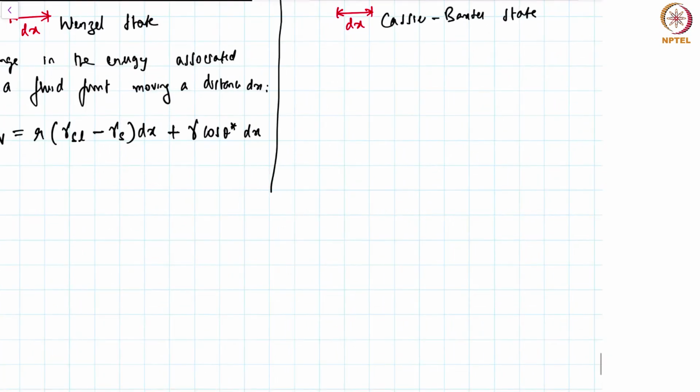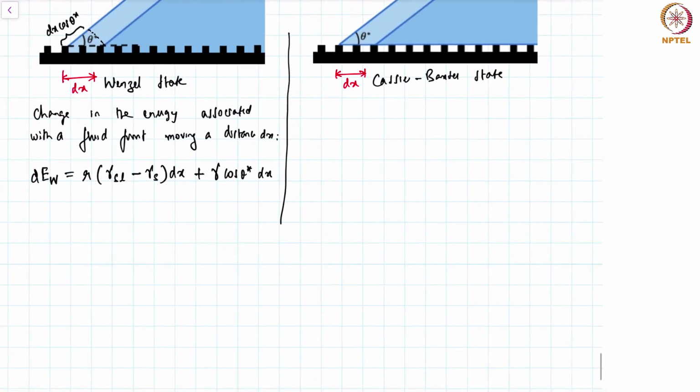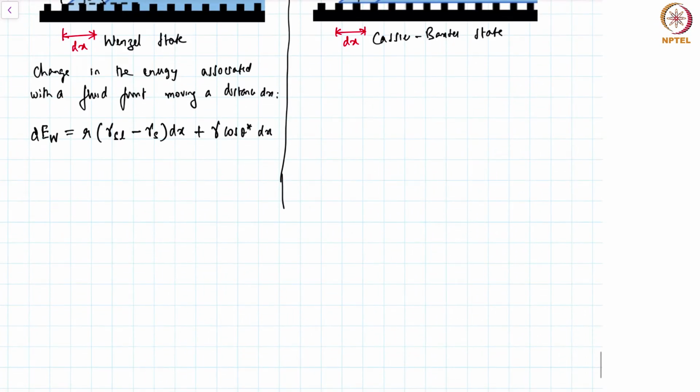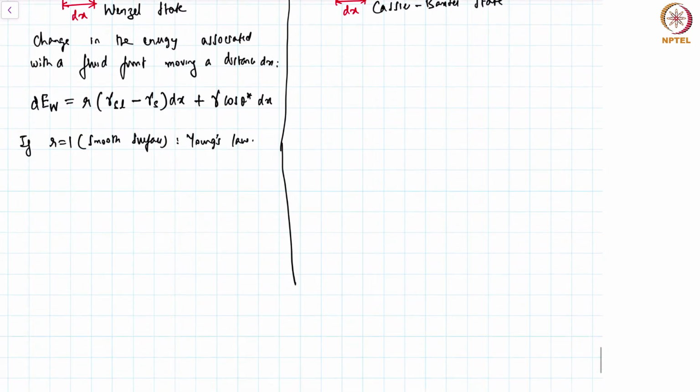So let me mention that if R is equal to 1, we have a smooth surface and we get Young's law.